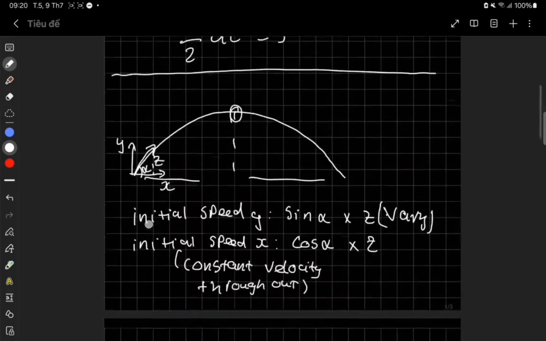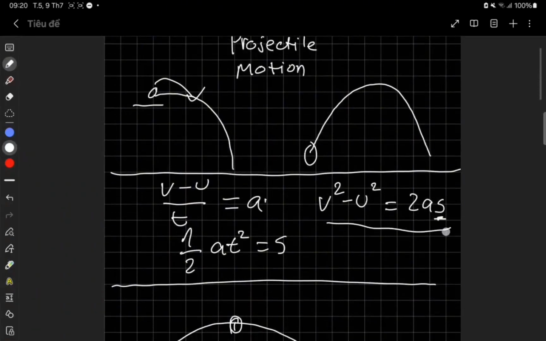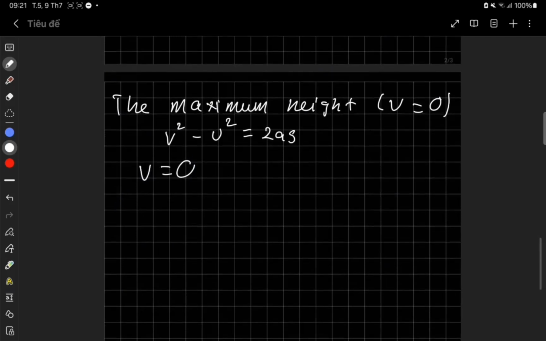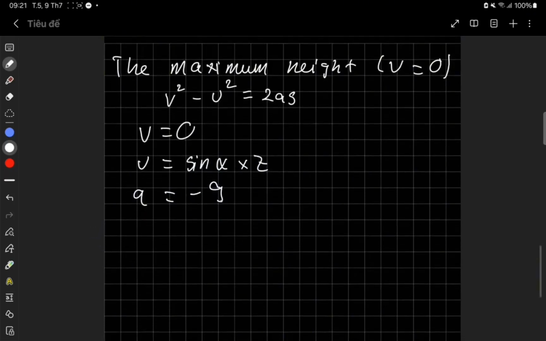So we will use the second formula here, and as I have stated before, at maximum height v will be equal to 0, so v equals 0, and this time we also only need to consider the vertical axis, which will be sine alpha times z, and a will again be minus 9.8.